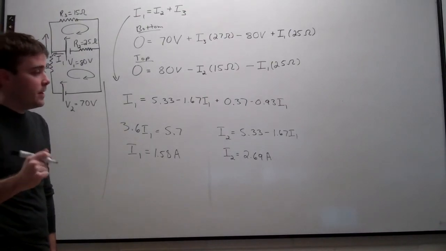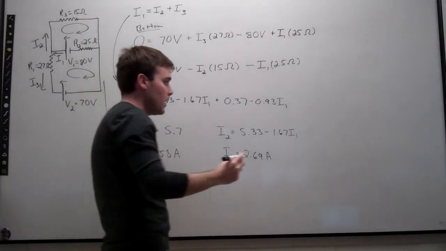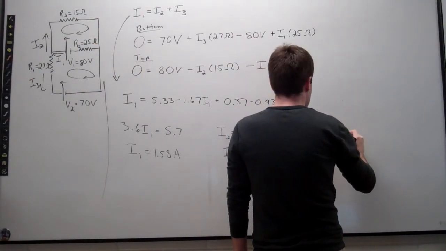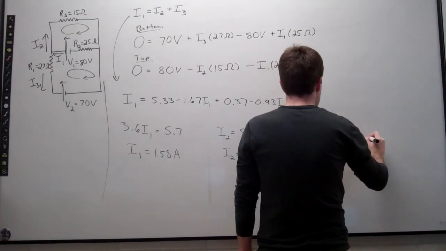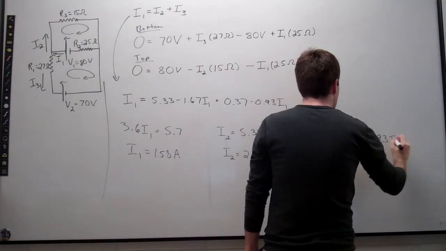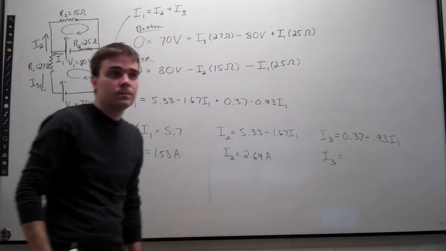And we got positive again, so that means we chose the right direction, so I2 is really going that way. And I3 we said equals 0.37 minus 0.93 I1. So what's I3 equal? Negative 1.1.